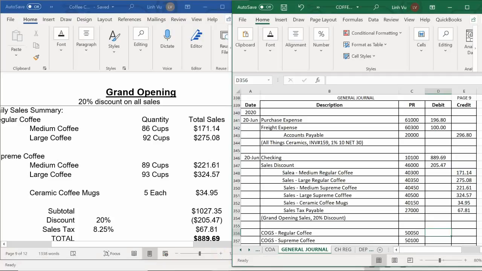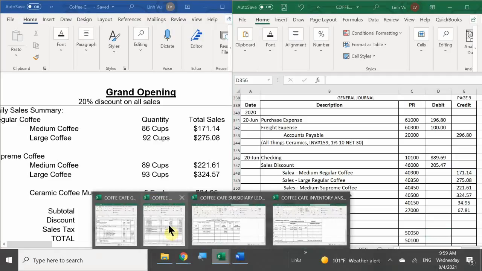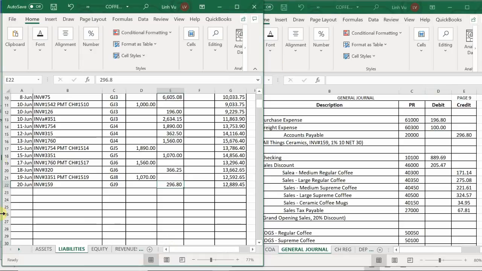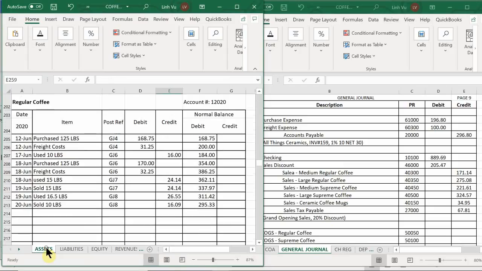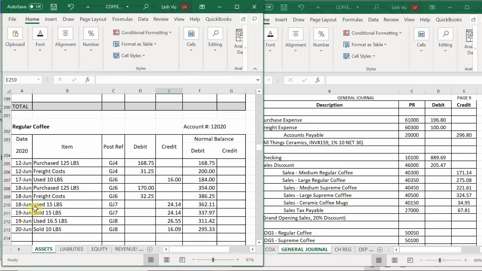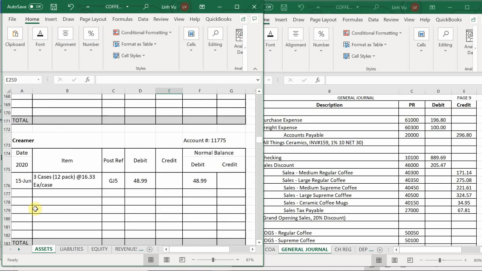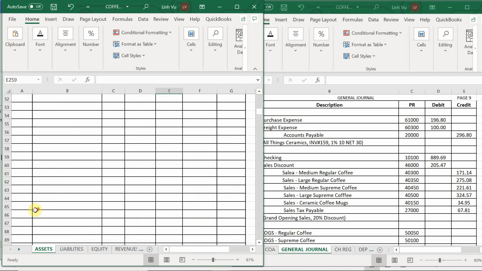Yeah. Okay. First thing we have here is the checking account.